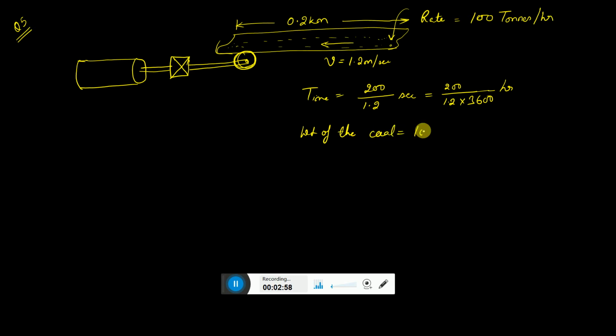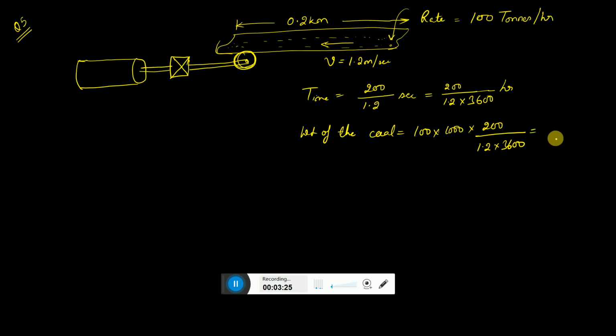That is 100 tons per hour. Let us convert into kg also: 100 into 1000, since 1 ton is 1000 kg, per hour. You just multiply with the time, that is 200 by 1.2 into 3600. That is the total weight of the coal that is being carried.